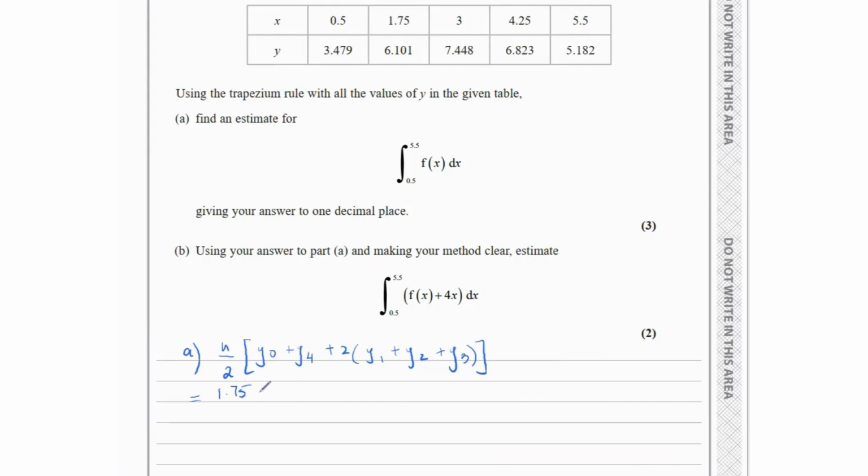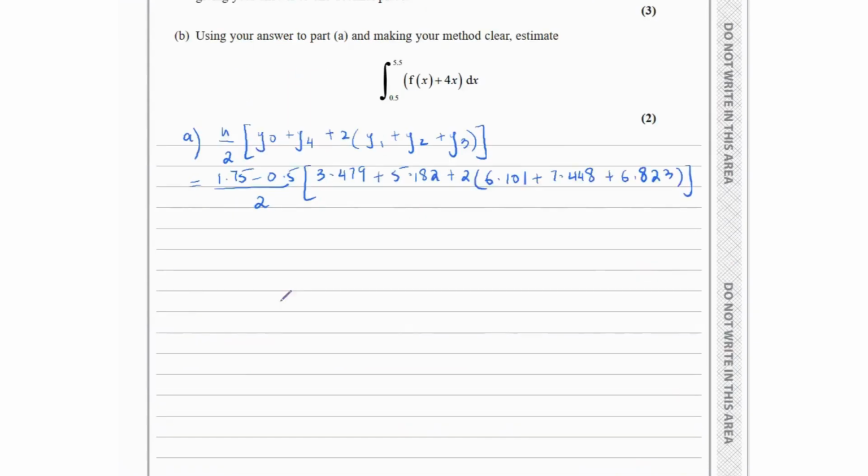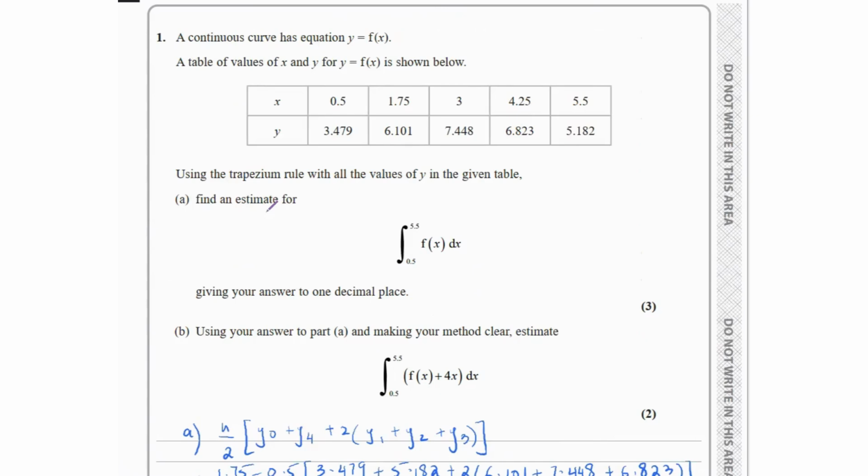So (1.75 minus 0.5) divided by 2 times y0, which is 3.479, plus y4, 5.182, plus 2 times 6.101 plus 7.448 plus 6.823. Plug this in the calculator and what you should get is 30.9. So that is your integral correct to one decimal place.